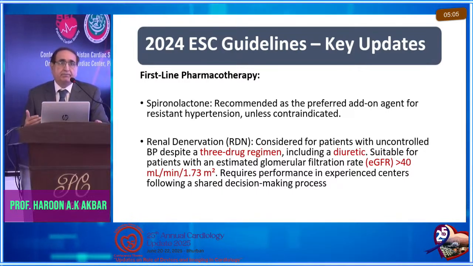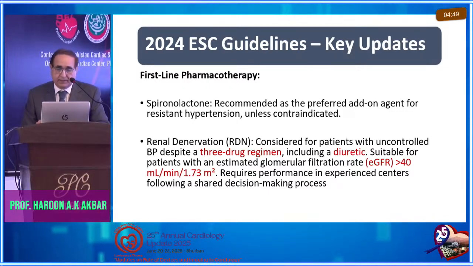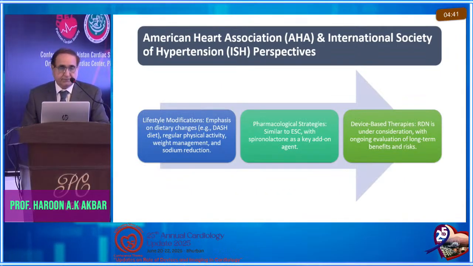But now it's back. I will not go into the details of renal denervation because it is a separate topic in itself. It is considered for patients with uncontrolled BP despite a 3-drug regimen including diuretics, suitable for patients with an estimated GFR of more than 40, and requires performance in experienced centers following a shared decision-making process.